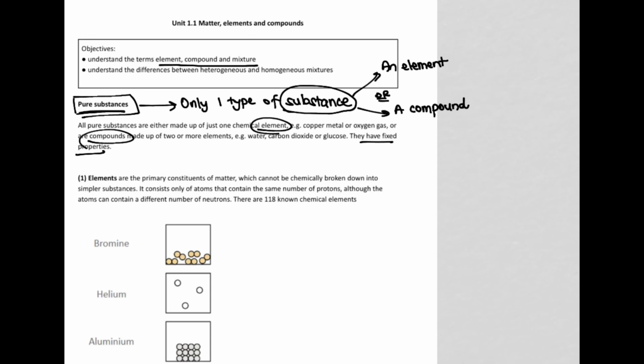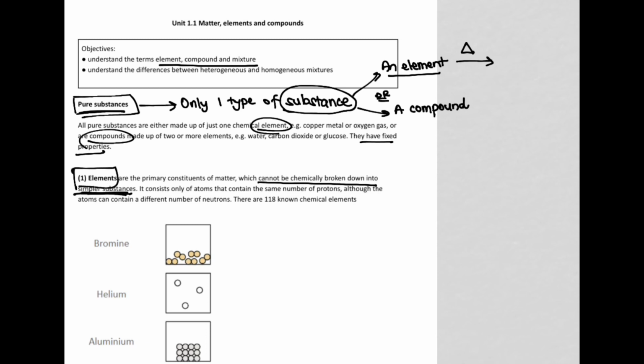And a pure substance, you would not be able to perform any type of separation with it. If you have a pure substance which is made up of an element, if you heat, this little triangle means heat, if you heat an element, because an element is a simpler substance, it cannot be broken down into any simpler substances.